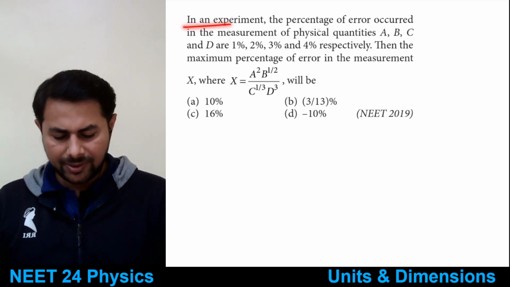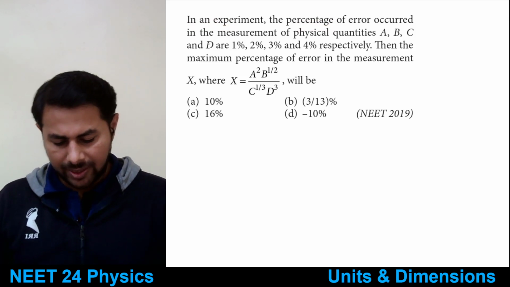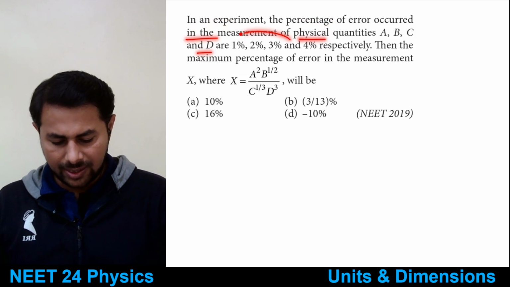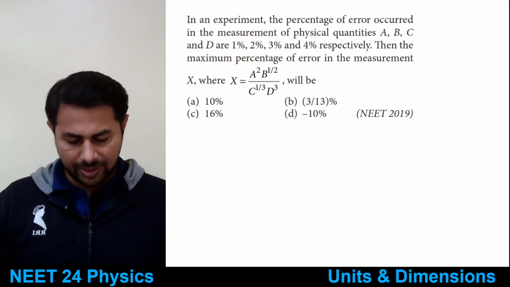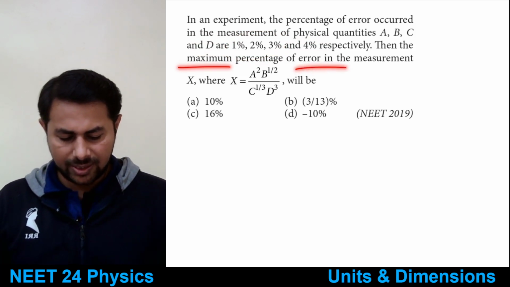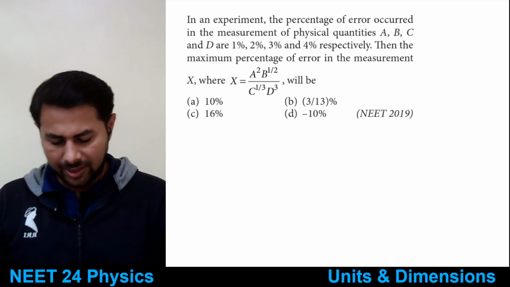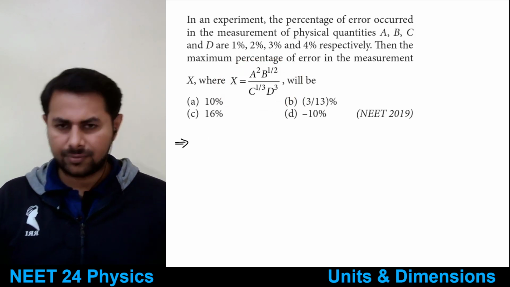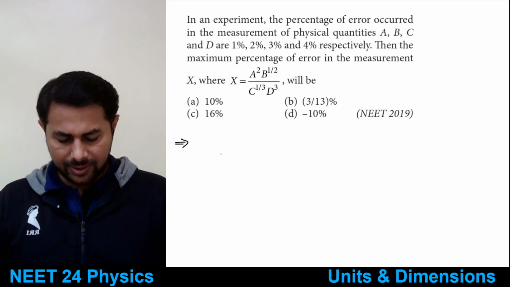In an experiment, the percentage of error occurred in measurements of physical quantities A, B, C and D are 1%, 2%, 3% and 4% respectively. Then the maximum percentage error in the measurement of X will be, tell me. 16%, sir. Is it 16%? Right. Let's see.